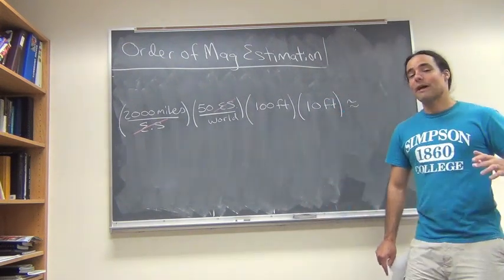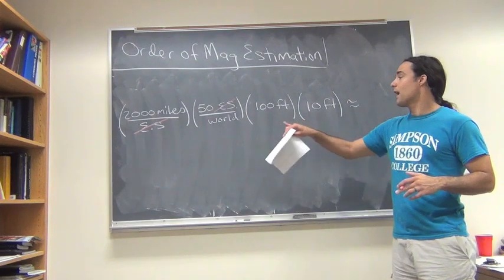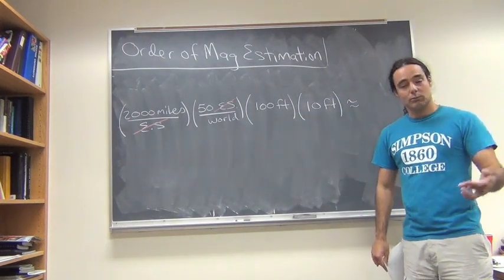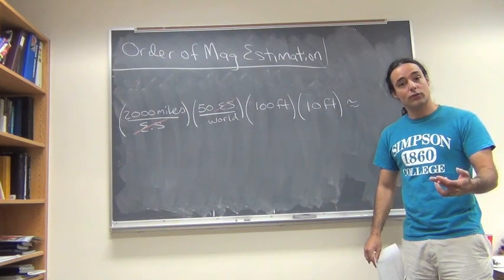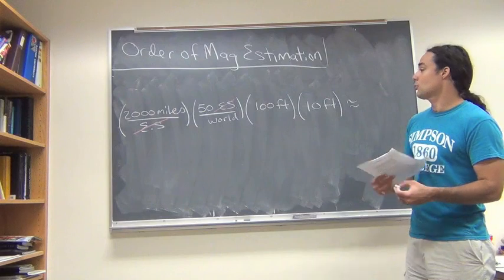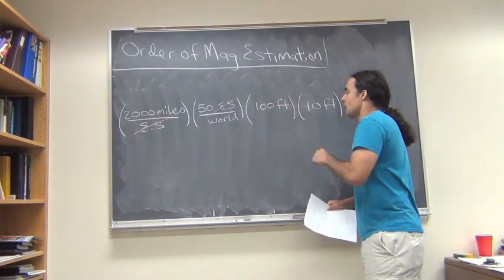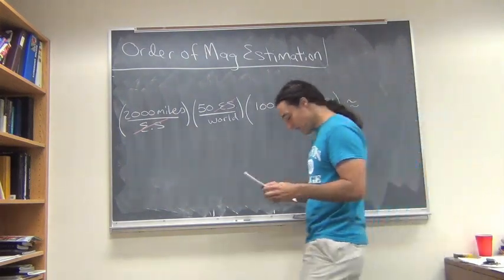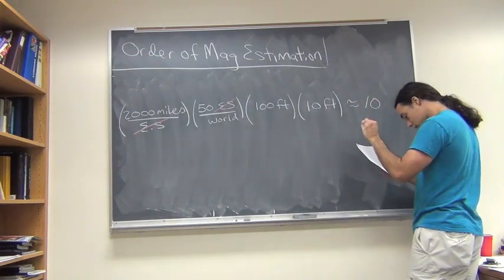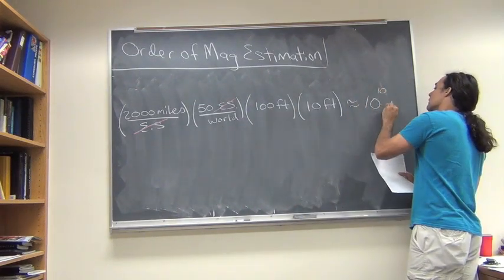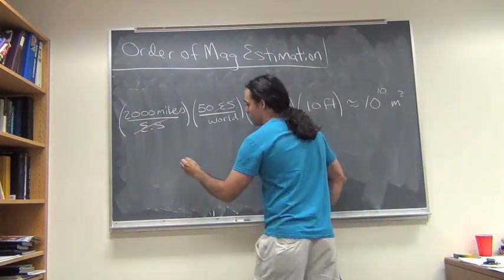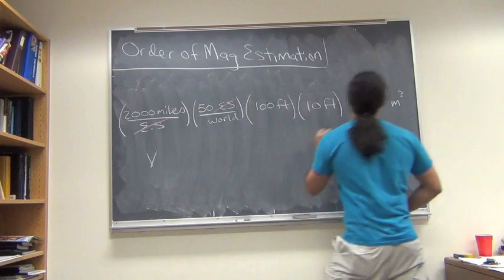Now, miles feet squared is kind of a funny unit for volume, so you want to do some conversions here. The good news is you don't have to do that by hand. If you just type in 2,000 miles times 100 feet times 10 feet, and you plug it into Google, it'll do the conversions for you. When you take 2,000 miles times 50 times 100 feet times 10 feet, you will get, I'm plugging this into Google, about 10 to the 10 meters cubed per world.